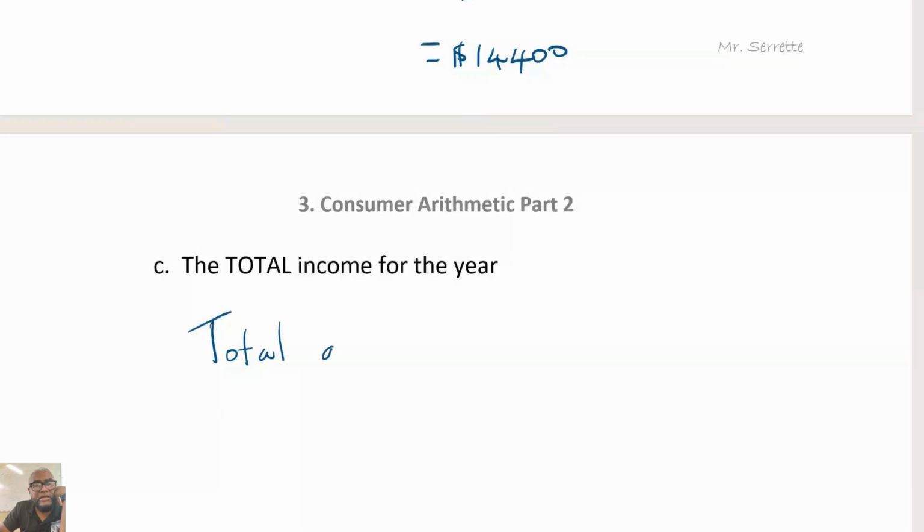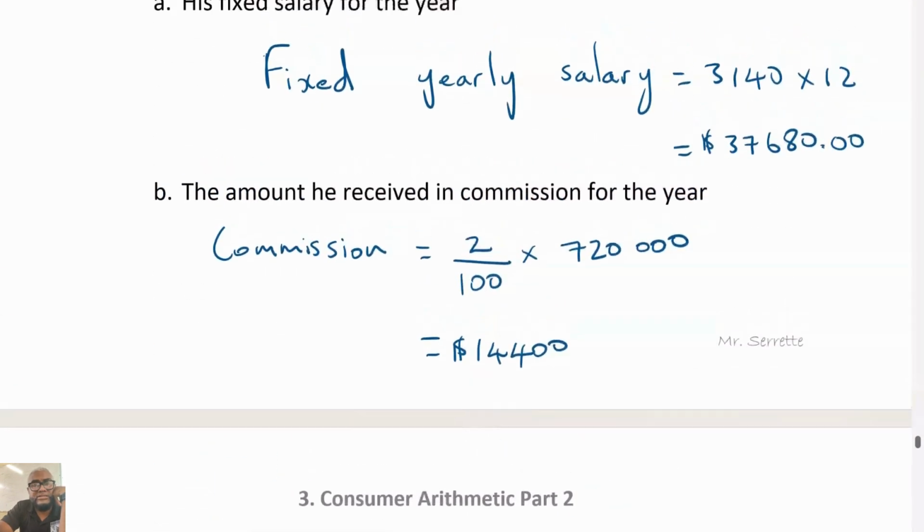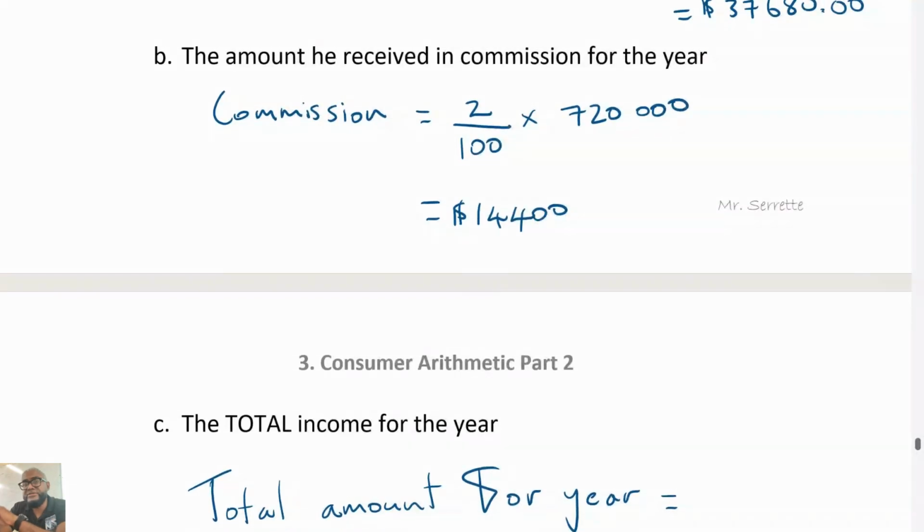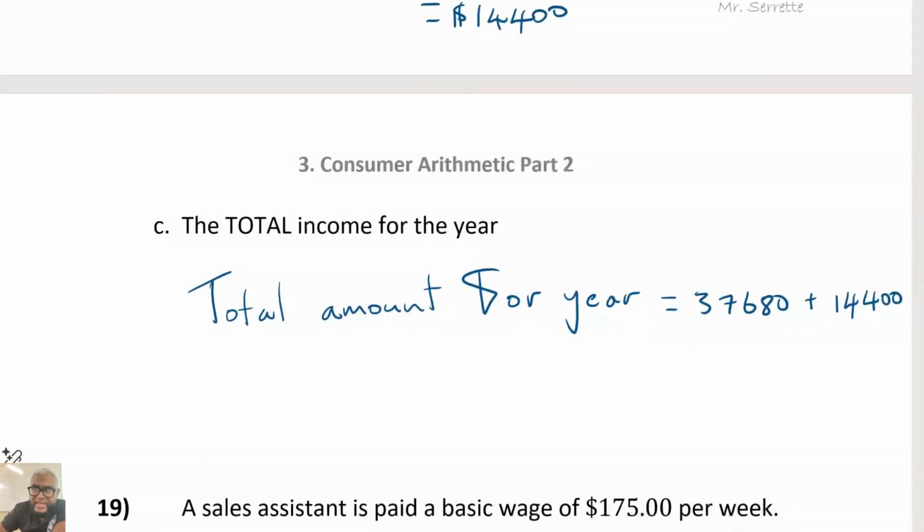Total amount for the year would be equal to 37,680 plus 14,400. And how much is this person working for per year, including their commission? $52,080.